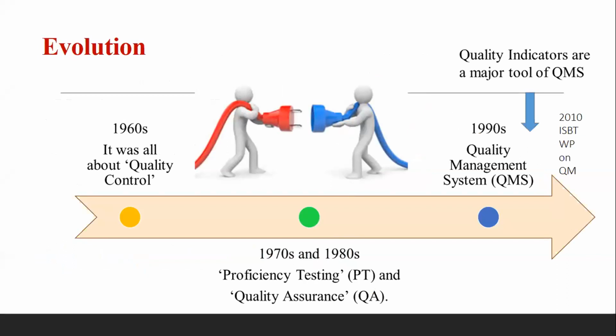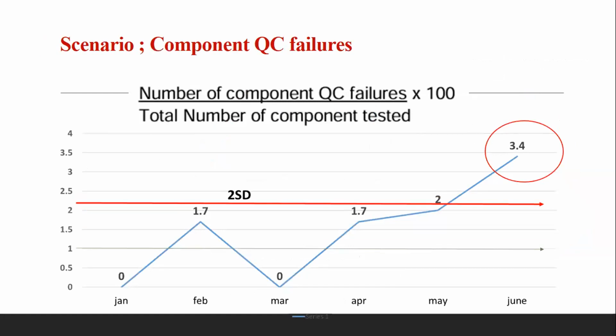In the 1960s, it was all about quality control, whereas we spoke about proficiency testing and quality assurance in the 1970s and 1980s, and quality management systems in the 1990s. Around 2010 and 2011, the ISBT Working Party on Quality Management introduced the concept of quality indicators, a major tool of the quality management system.